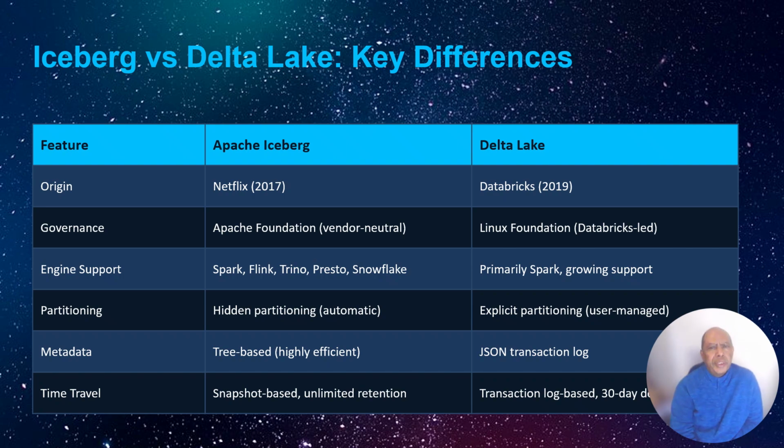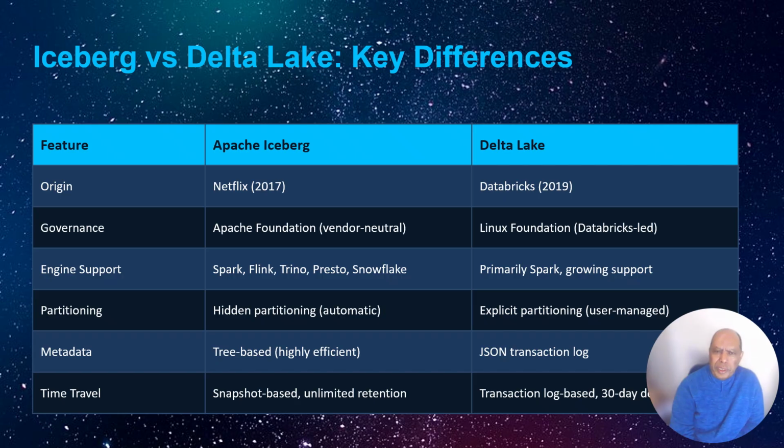Now you have partitioning. Iceberg offers hidden partitioning, meaning the table handles partitioning automatically, and users don't need to think about it. Delta Lake requires explicit partitioning, where users must specify partition columns in their queries. This makes Iceberg more user-friendly and less prone to error.